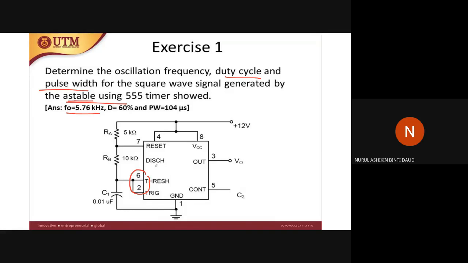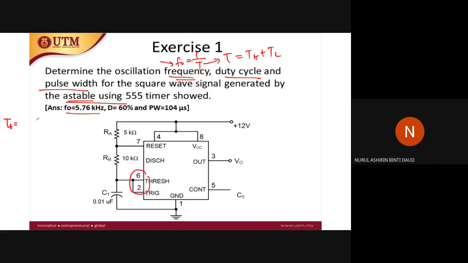First of all, you need to find the oscillation frequency, which is FO equals 1 over T. So you need to get T, which is TH plus TL. First, calculate the TH value.